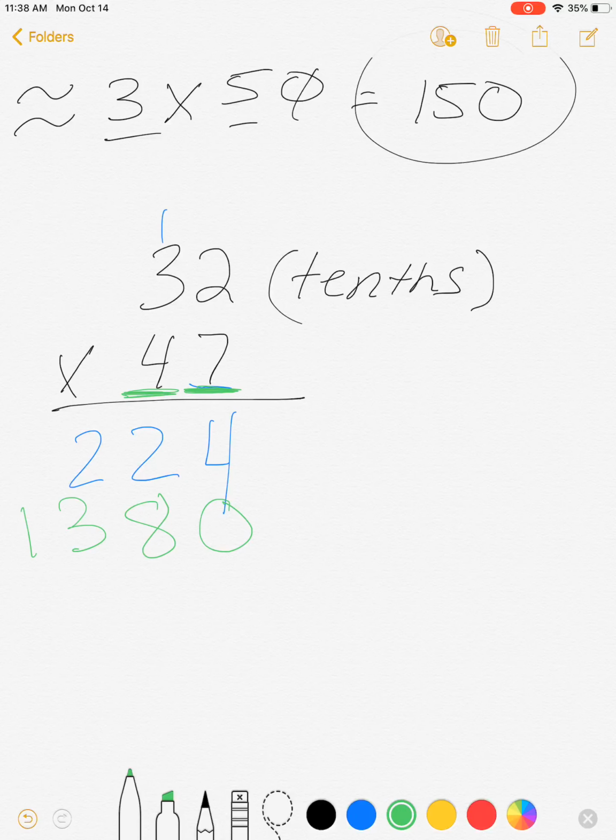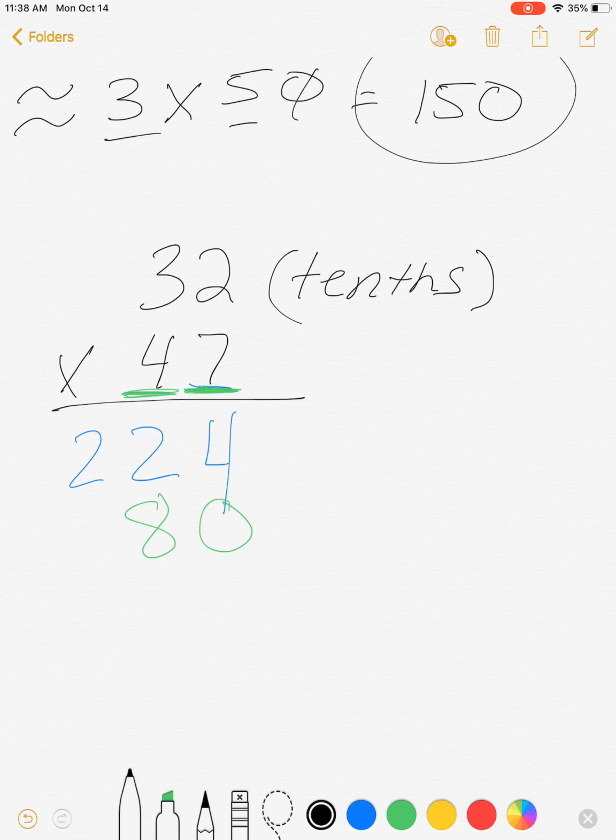What did I do wrong? I did something wrong. I added from my previous, I needed to erase that or mark it out.